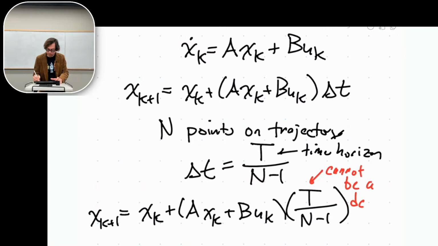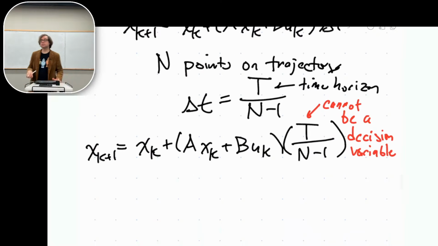That means if that's a constant, then no matter what time we're at in running our controller, we're always looking the same amount of time into the future. No matter how much time passes.